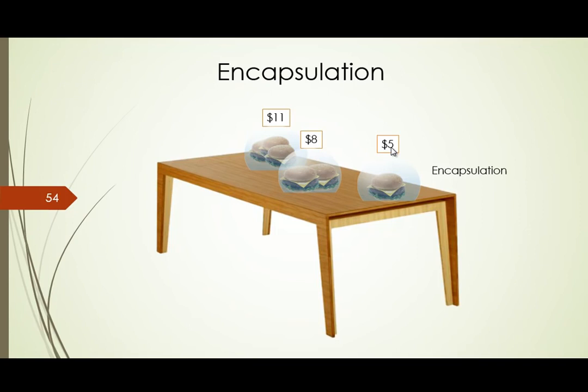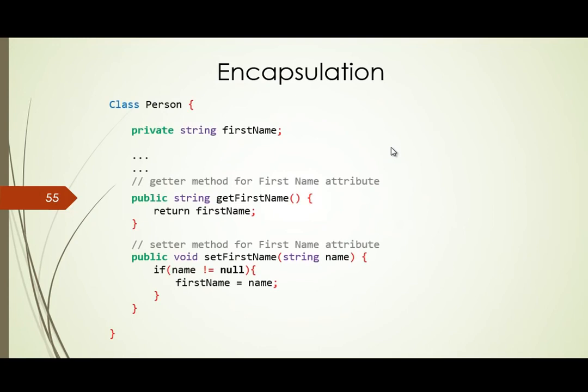So from this concept, encapsulation came in. Encapsulation, also known as data hiding or data protection. So let's see some code on encapsulation. So far you have seen the fields in my examples.